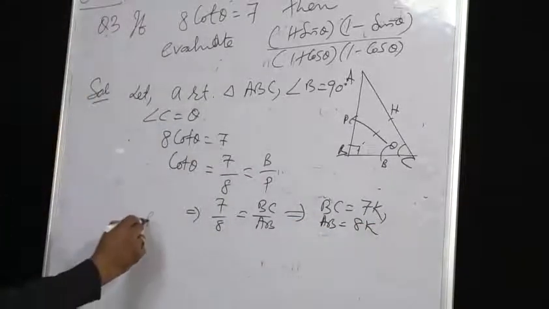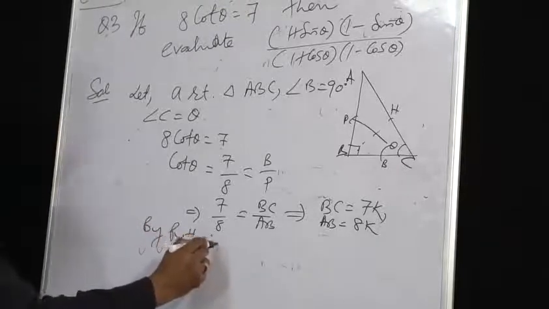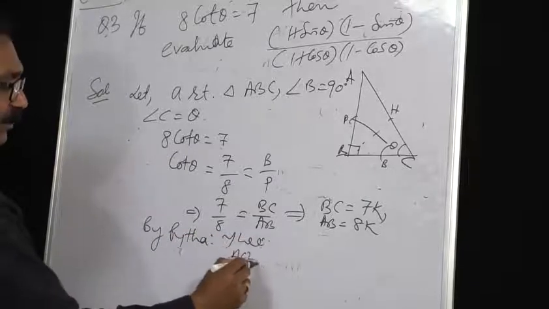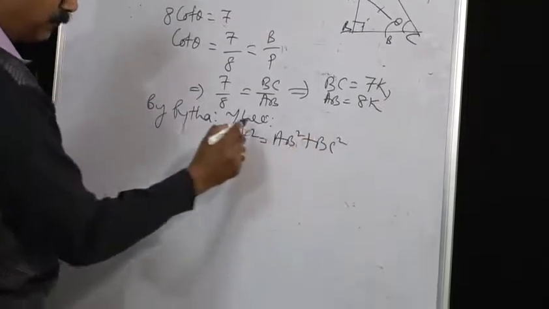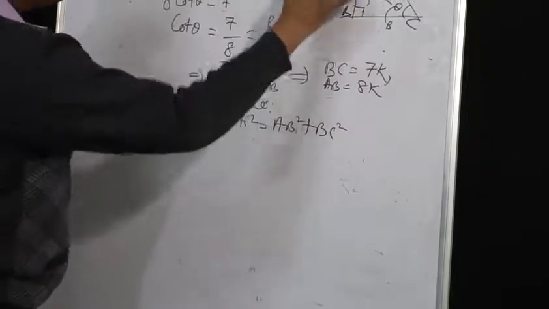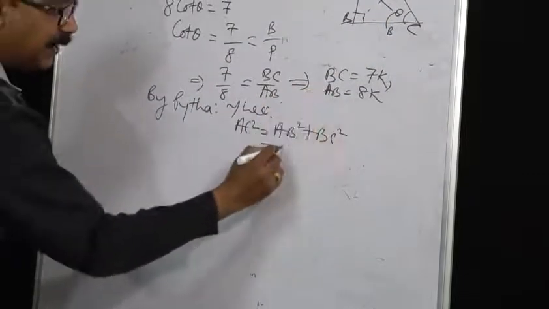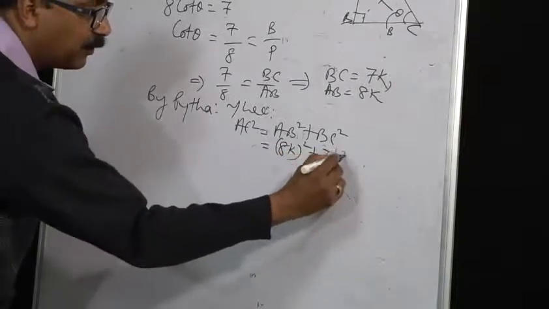As before, by Pythagoras theorem, what is that? AC square equal to AB square plus BC square. The square of the hypotenuse will be the sum of the squares of these two sides. Clear? So AB is (8K) whole square and BC is (7K) whole square.